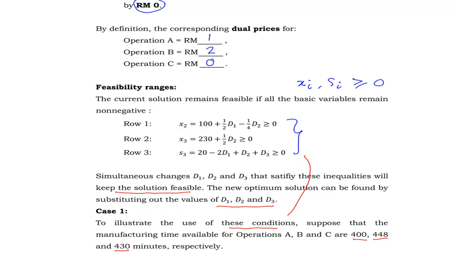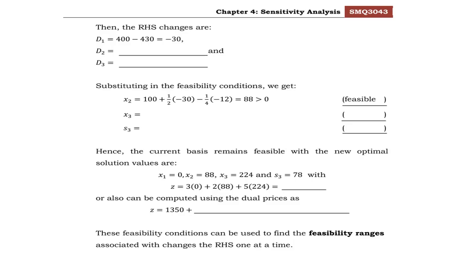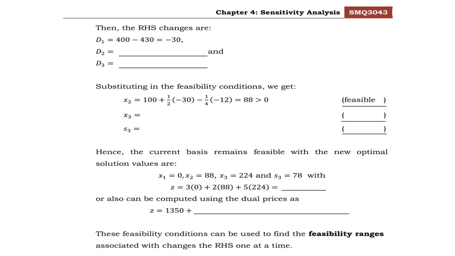So D1 equals 400 minus 430 equals negative 30. And D2 equals 448 minus 460, negative 12. And D3 is 430 minus 420, so equals 10.